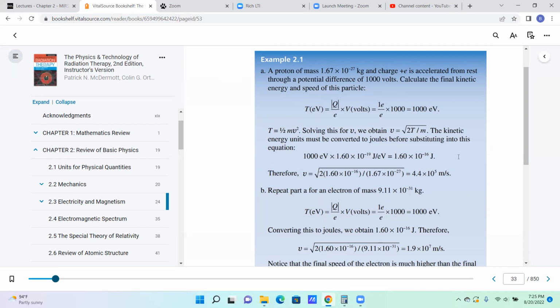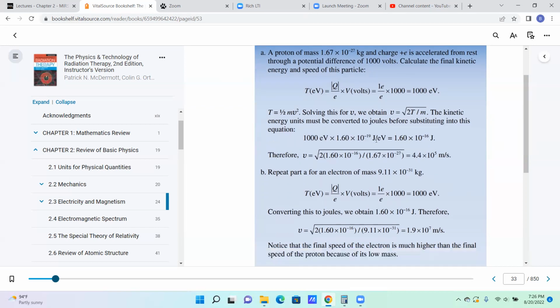If you don't do that, then you're going to end up with gobbledygook on the other end because the units won't work out. So when we take 1,000 eV and make the conversion, we find that number of joules divided by the mass, and it ends up being 4.4 times 10 to the 5th meters per second. That's moving at a pretty good clip.